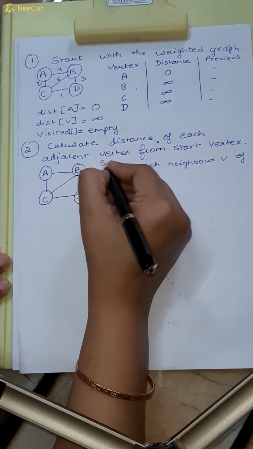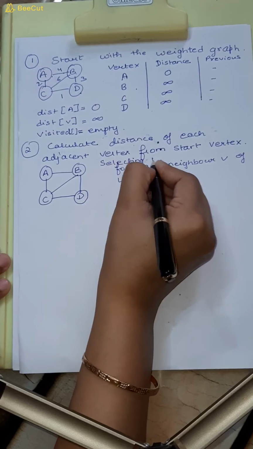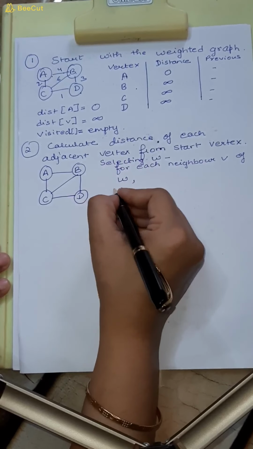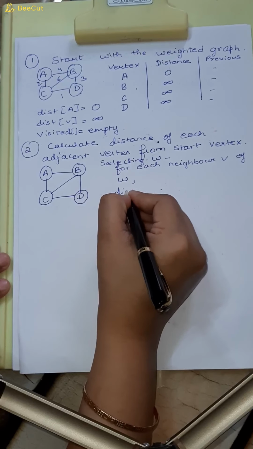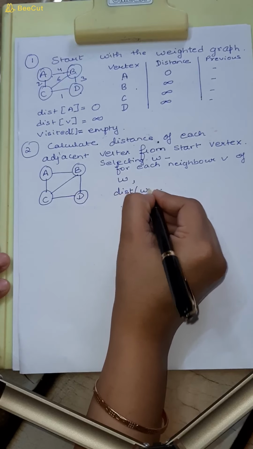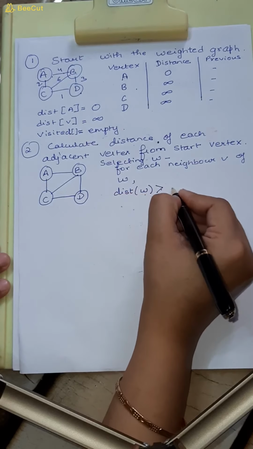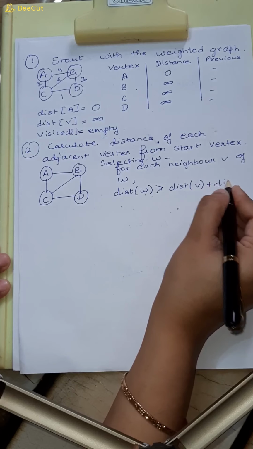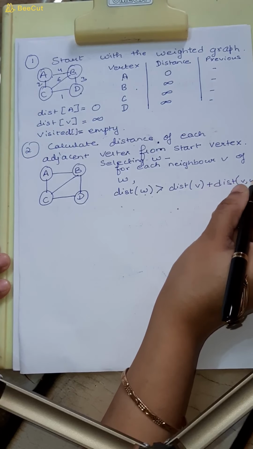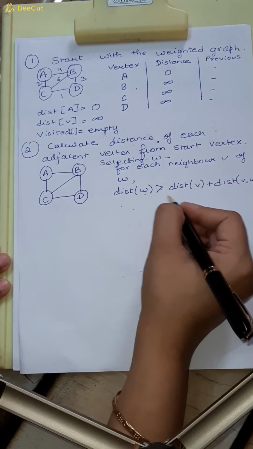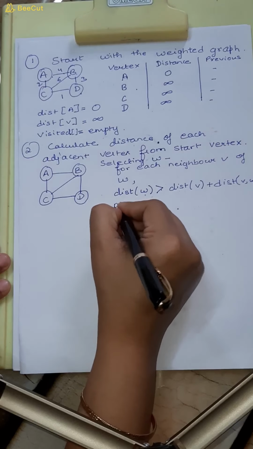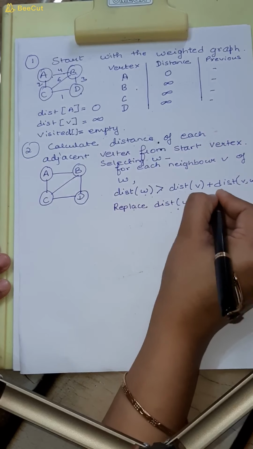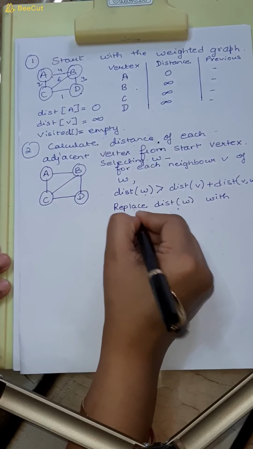When you select W, for each neighbor V of W, you have to check whether the distance of V is greater than the distance of W plus the distance from W to V. If it is greater, then replace the distance of V with the newly calculated value.